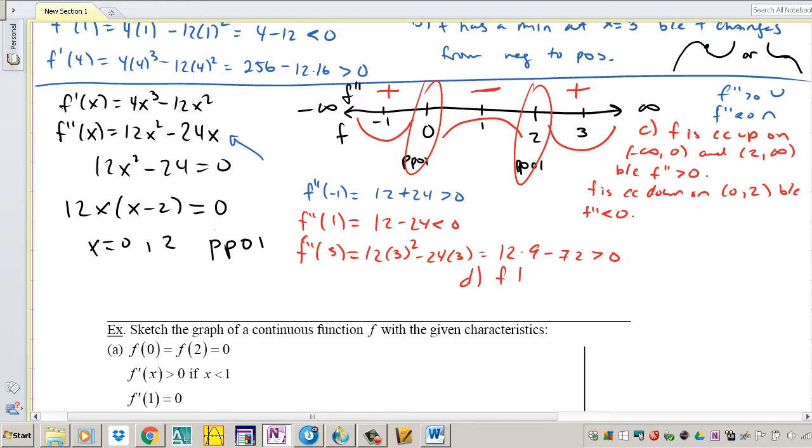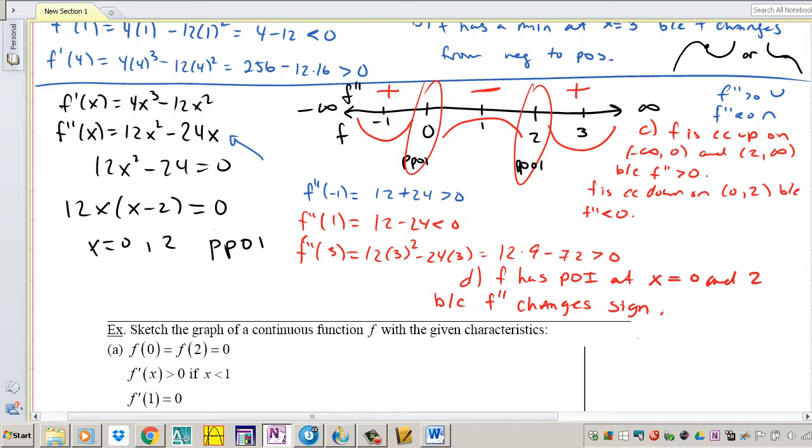So f has points of inflection at x is equal to 0 and 2, because f double prime changes sign. That's it, changes sign.